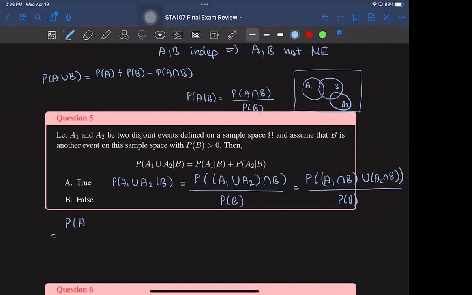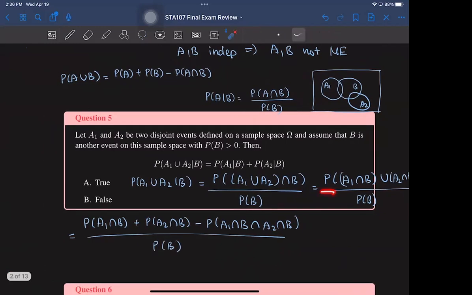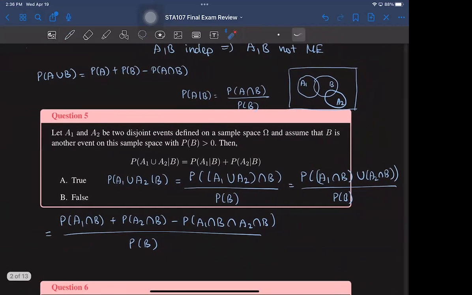So I have probability of A1 intersect B plus probability of A2 intersect B minus probability of the first set intersect with the second set. From this step to this, does it make sense for everyone?